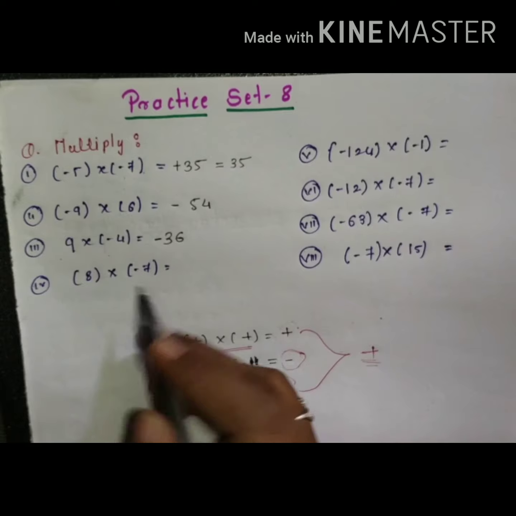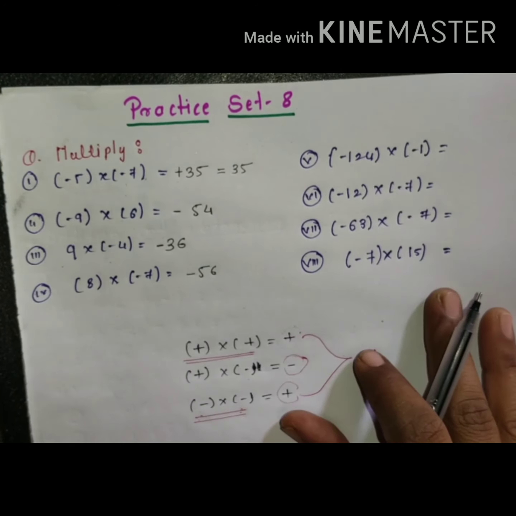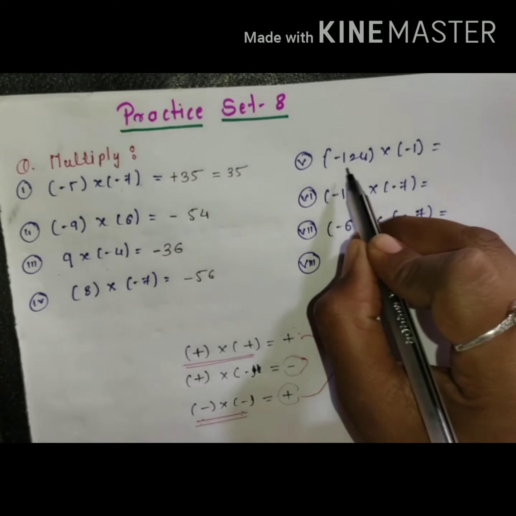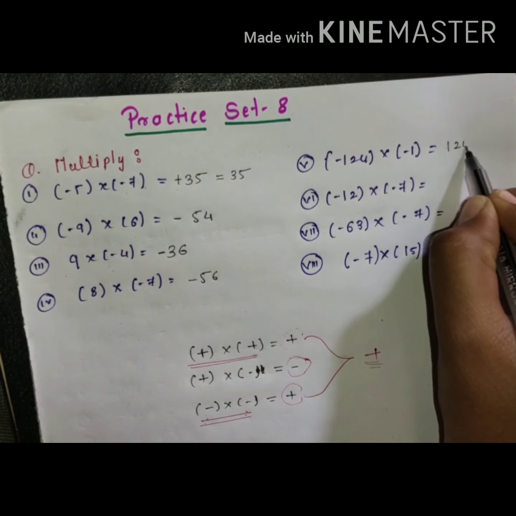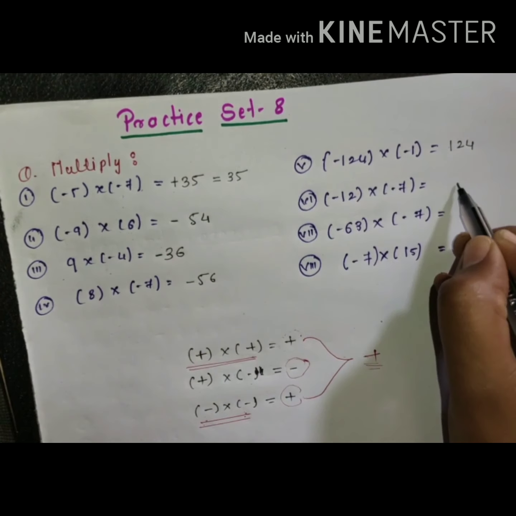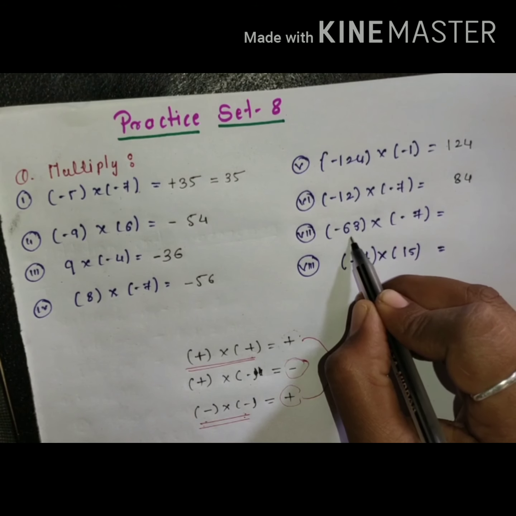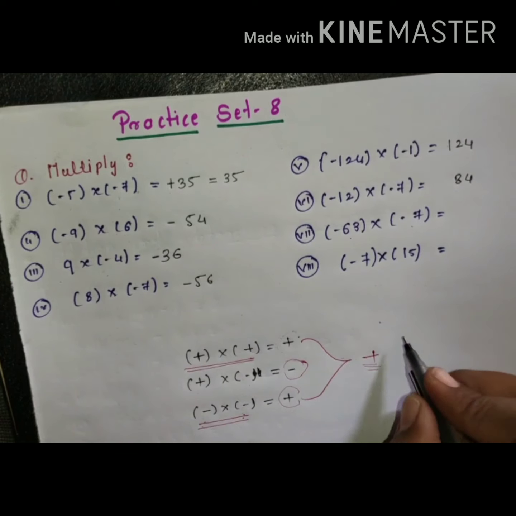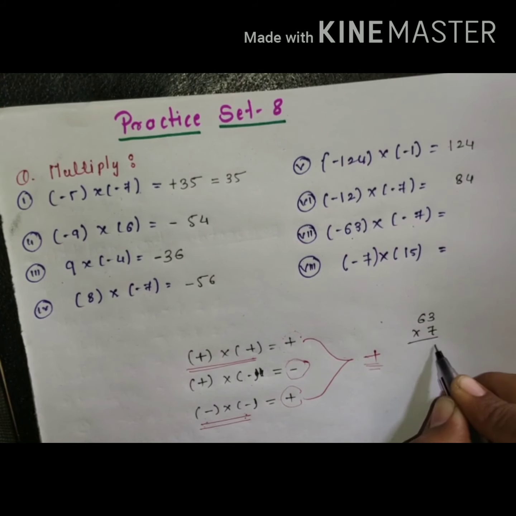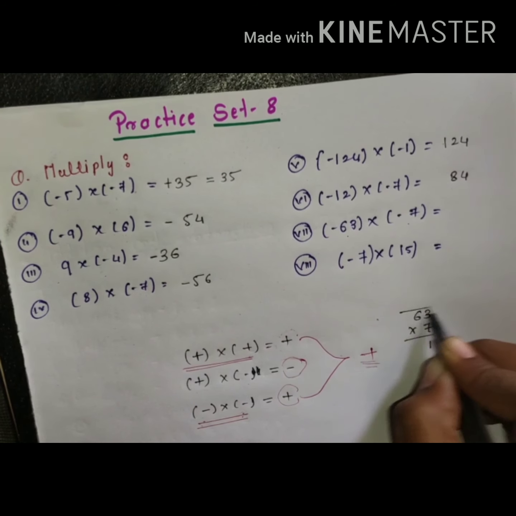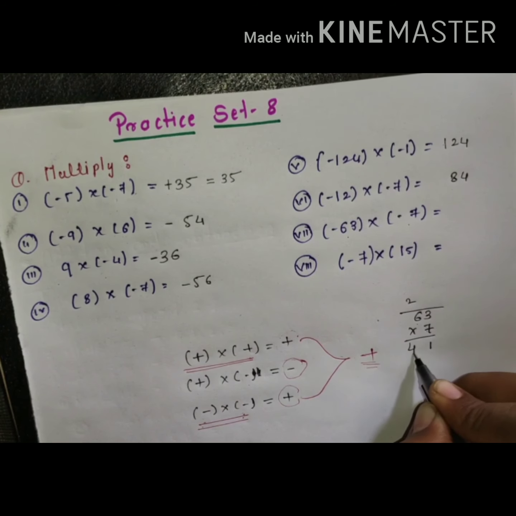Again the same, 8 sevens are 56, plus minus is minus. Example number 5, minus minus plus, 124 into 1 is again 124. 12 sevens are 84, minus minus plus. 63 into 7, do the multiplication here. 7 threes are 21, 1 and 2 carry. 6 sevens are 42 plus 2 is 44.